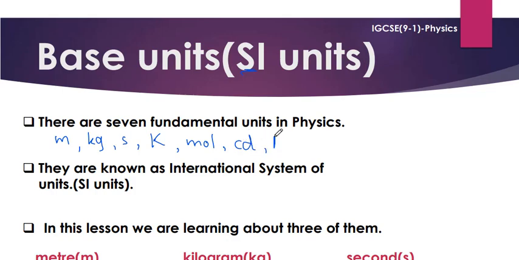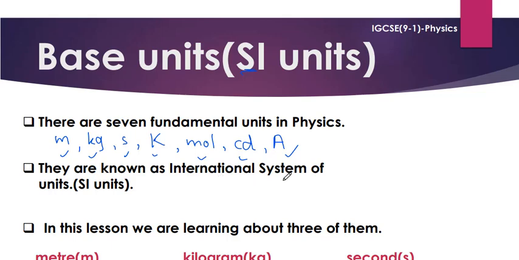Another unit, amperes. We use this unit to measure current. In the electricity lesson, we'll learn that. So we'll again check these units: meters for length or distance or displacement, kilogram for mass, seconds for time, Kelvin for temperature, mole for amount of matter, candela for light intensity, ampere for current. So the 7 SI base units are here.